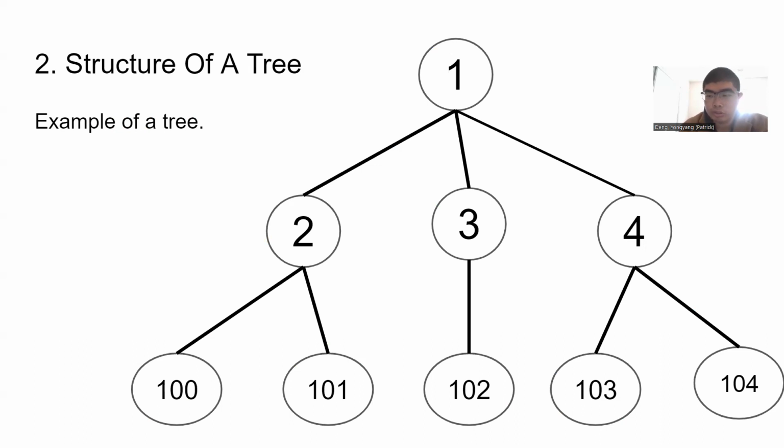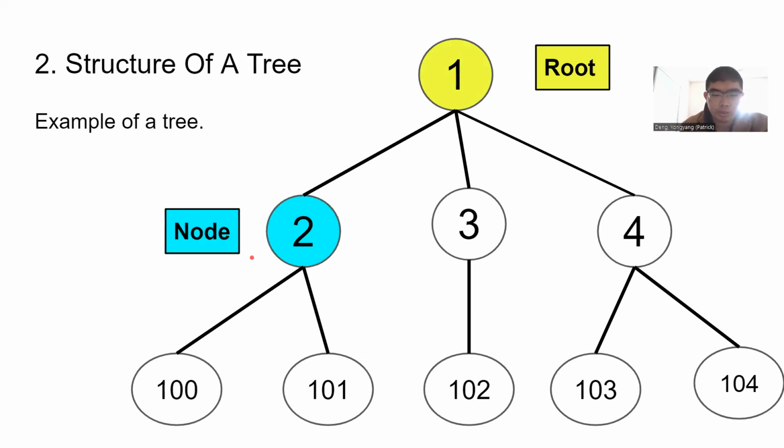This is the kind of tree we are going to talk about when we start coding. Usually when you draw a tree, it looks like this. The first one, at the top, where everything starts from, we call the root. This is the root of the tree.